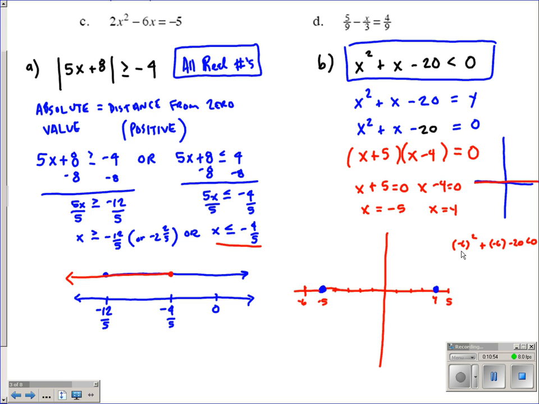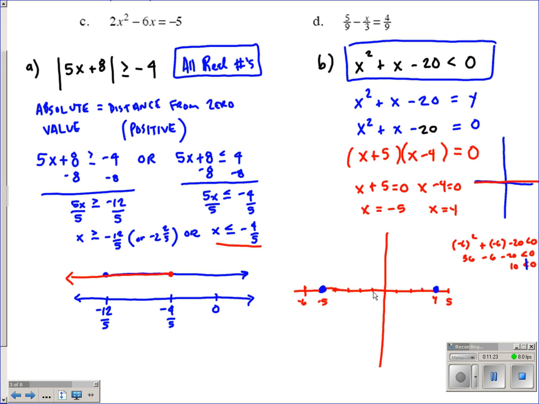Well, negative 6 squared, remember you have to put the parentheses, is 36, minus 6 minus 20. Is that less than 0? Well, 36 minus 6 is 30. Minus 20 is 10. Is 10 less than 0? I hope you said it wasn't. So that doesn't work. Negative 6 out here isn't going to work for us.